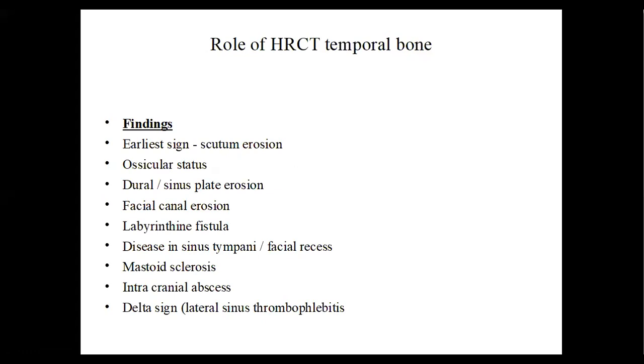If there is disease in these two areas, these are slightly difficult areas to approach, so the surgeon has to be prepared to operate such cases. Then obviously you can look for the presence of sclerosis in the mastoid and any involvement of the intracranial structure in the form of abscess. And when you are suspecting lateral sinus thrombosis, there is a halo sign or delta sign, what we call. That is also one of the signs or findings you can look for in CT temporal bone.